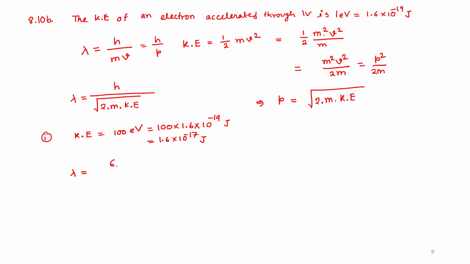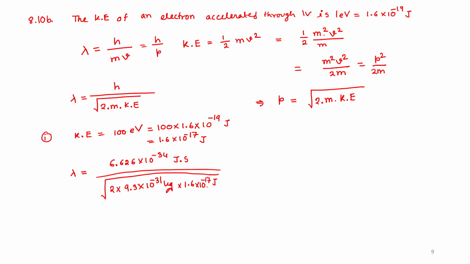That is 6.626 into 10 to the power minus 34 joule second divided by root over 2 into 9.1 into 10 to the power minus 31 kilogram multiplied by the kinetic energy 1.6 into 10 to the power minus 17 joules.